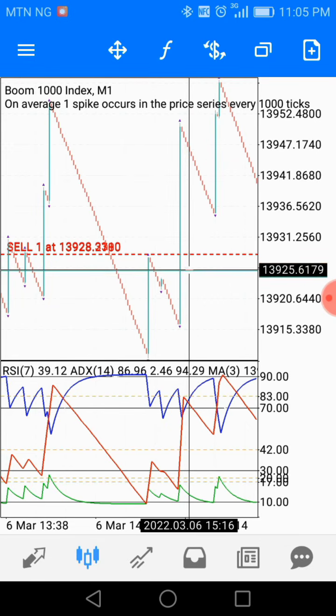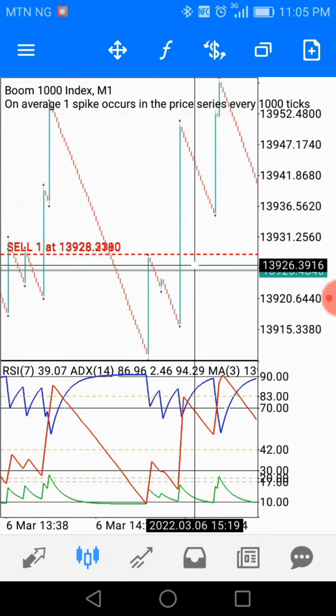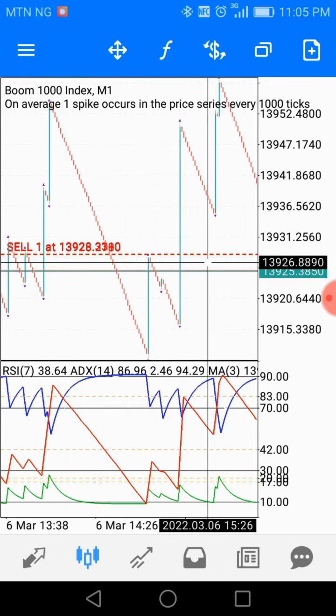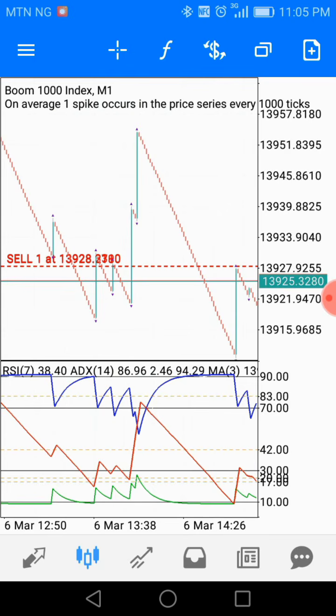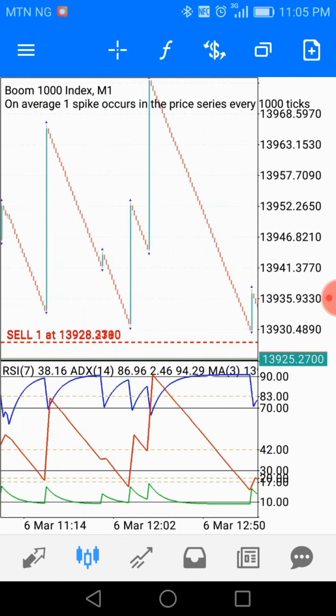Let's count. The crossing took place here, and then 1, 2, 3 candlesticks. Then you would have taken 1, 2, 3, 4, 5, 6, 7, 8, 9, 10, 11, 12. Okay, that's exhausted.